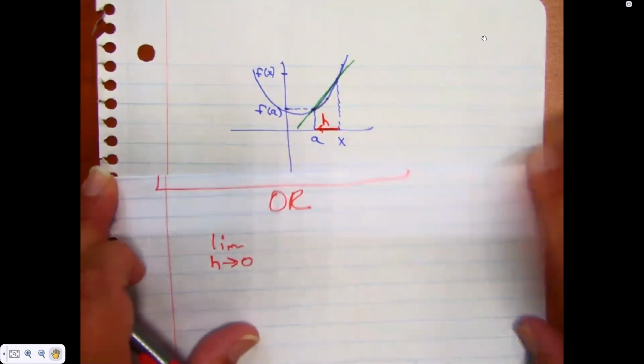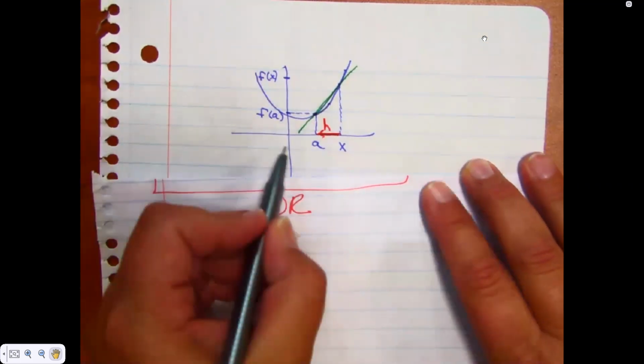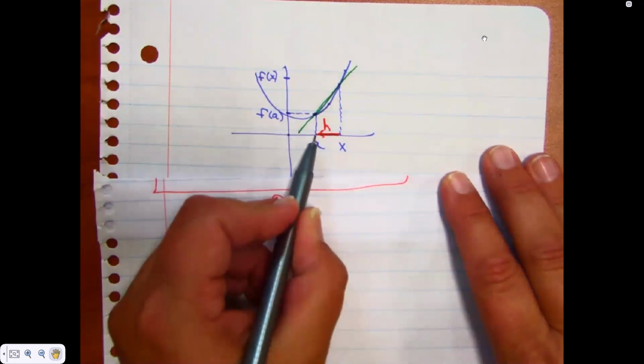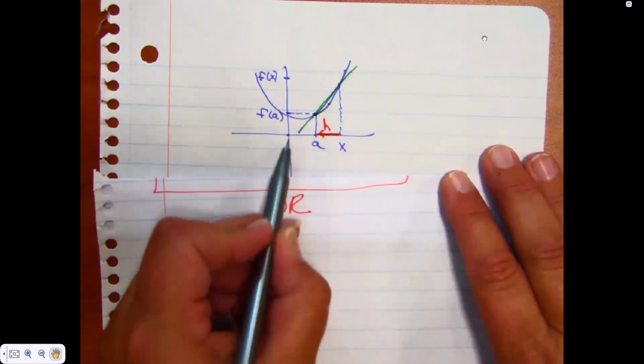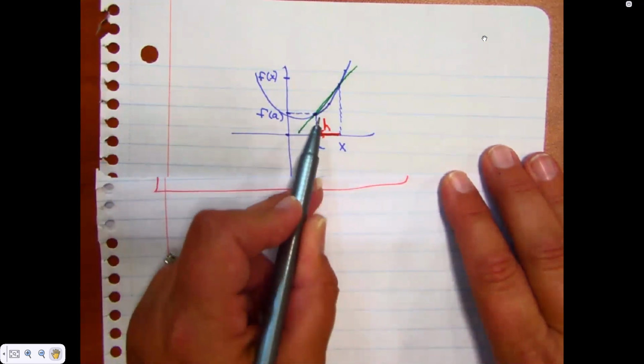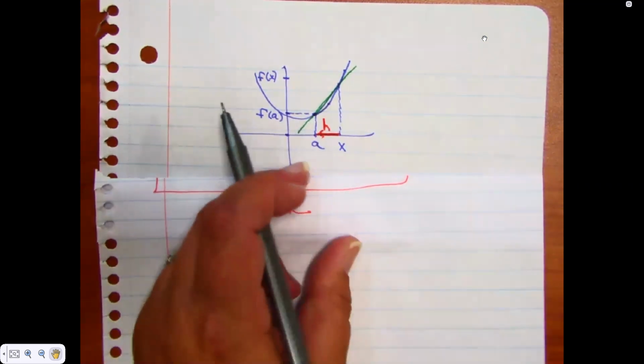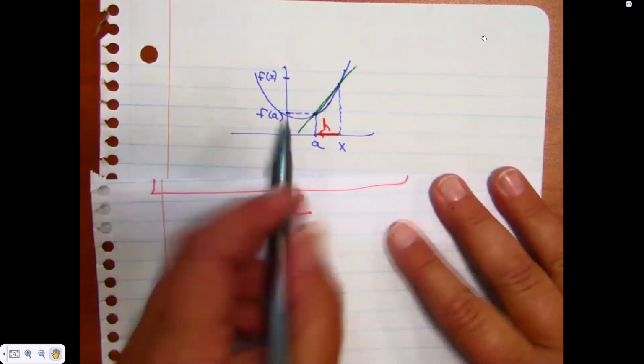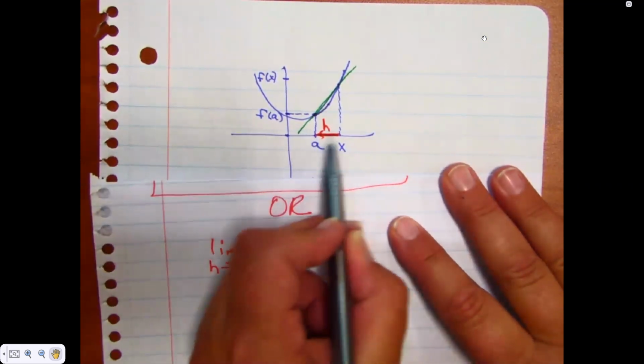Okay, do we see, yes, a is an x value, but you can also think of a as the distance from the x-axis over, right? If this point was, let's just say it was 3, 5, I would go over 3 and then up 5. So I can also think of a as a distance of 3, or a distance in general. And same thing with h.